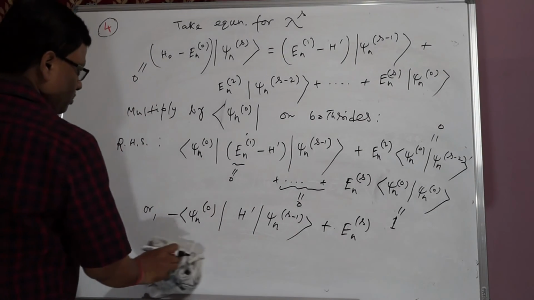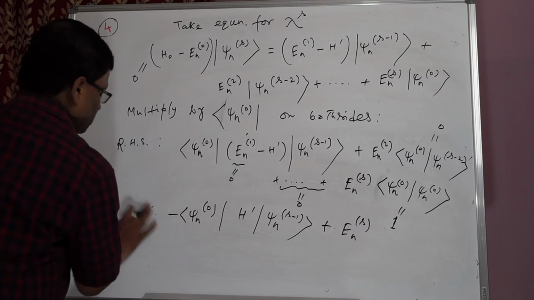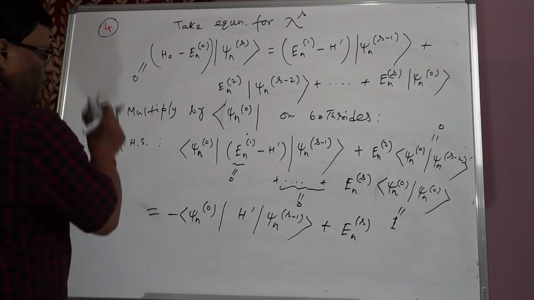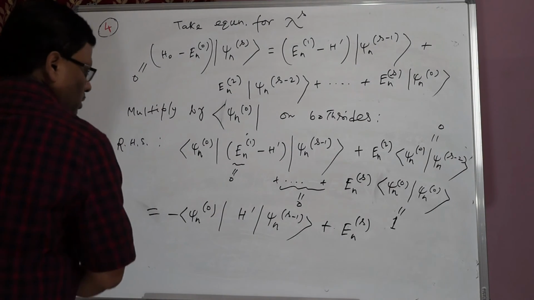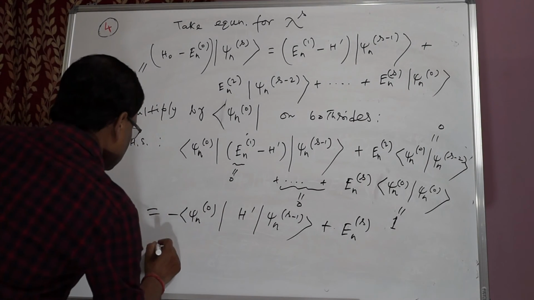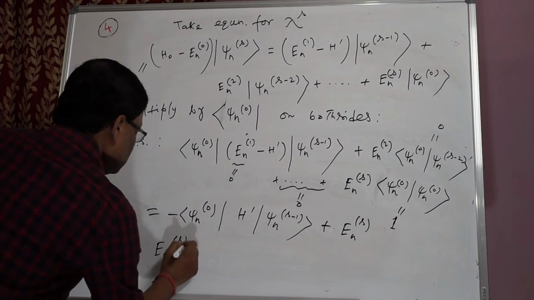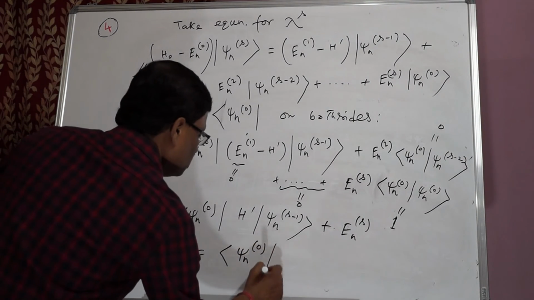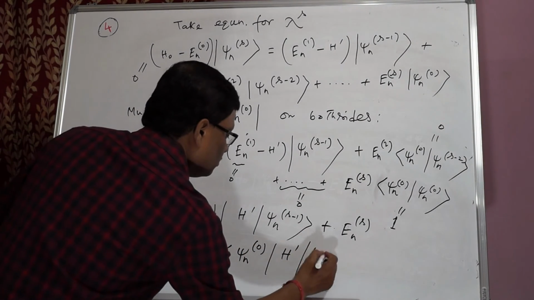So this is the right hand side, and the left hand side is 0. So equating both sides, I get E n s is equal to psi n0 H prime.